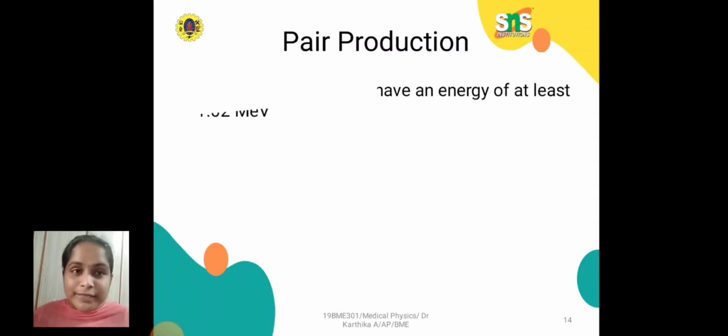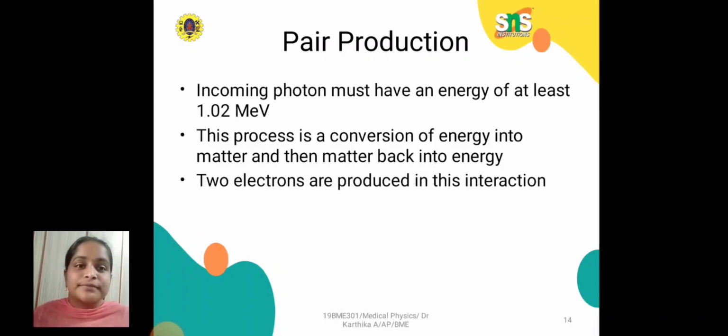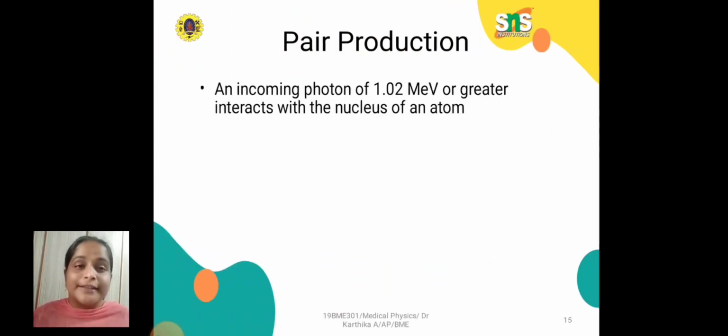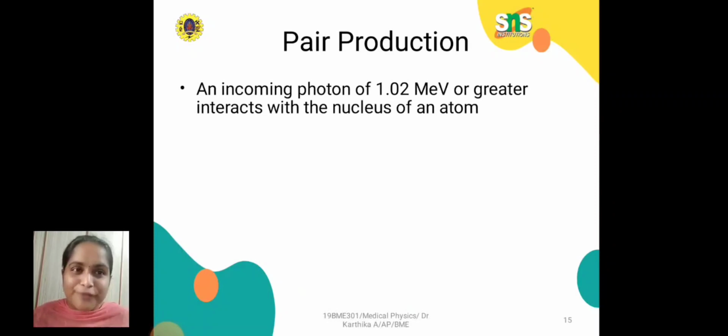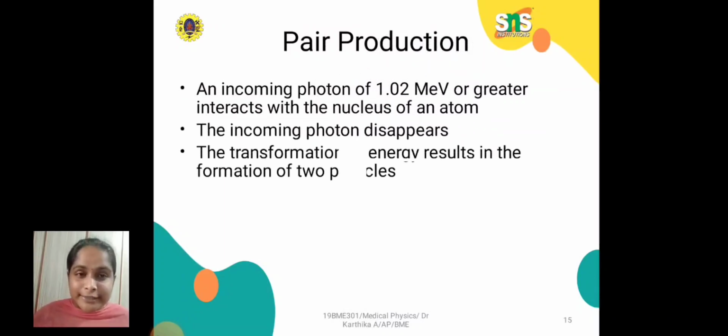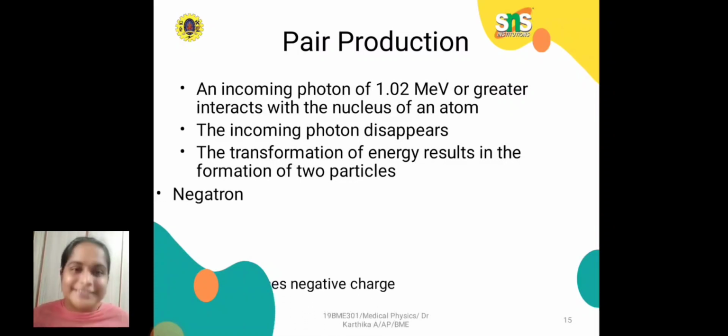Okay, the next one is pair production. In this pair production, we have an incoming photon of 1.02 mega electron volt or greater that interacts with the nucleus of an atom. The incoming photon disappears. The transformation of energy results in the form of two particles.